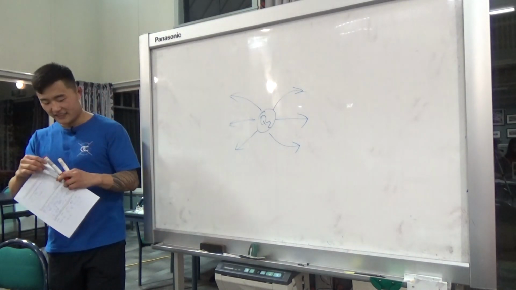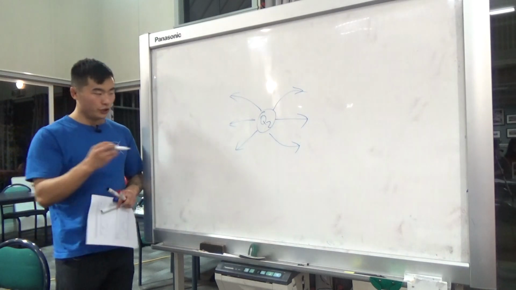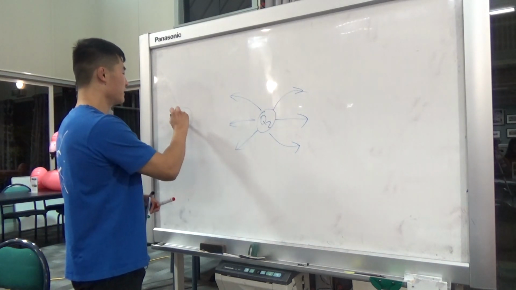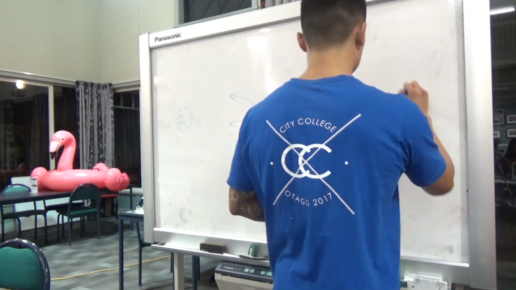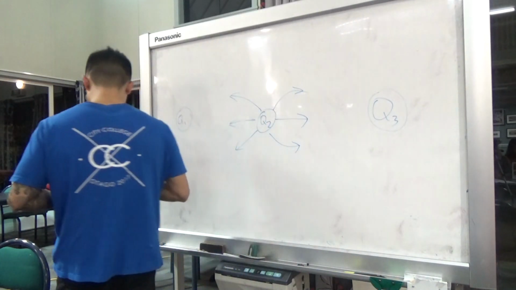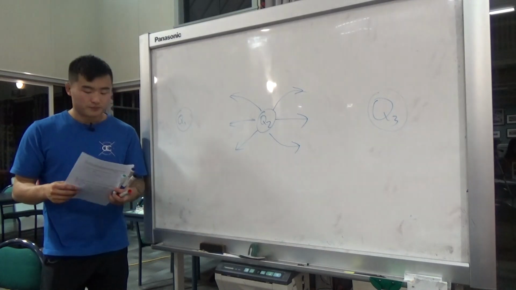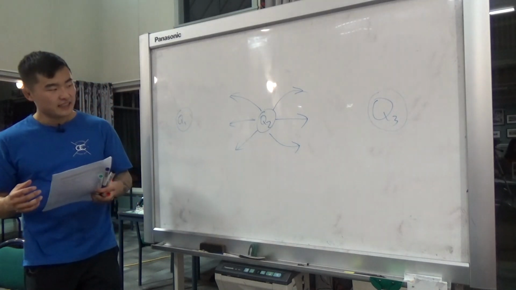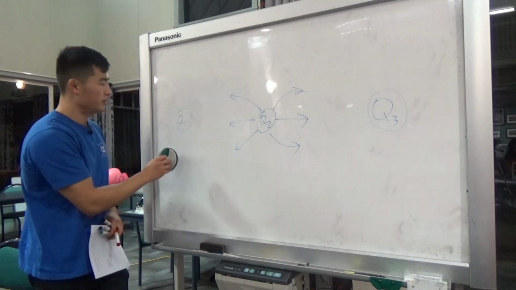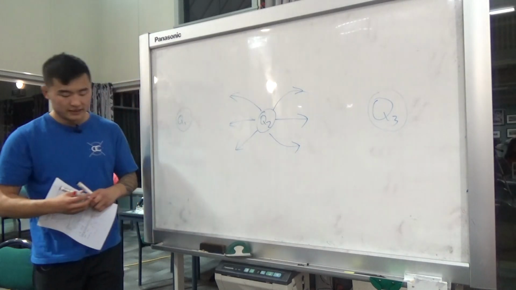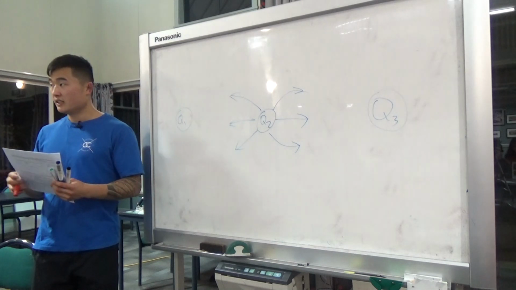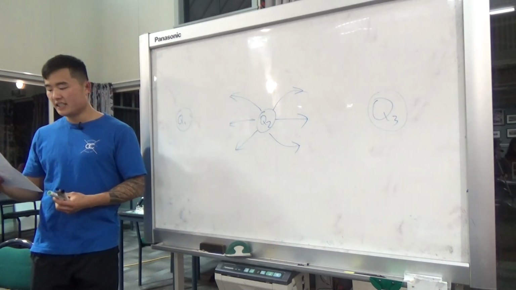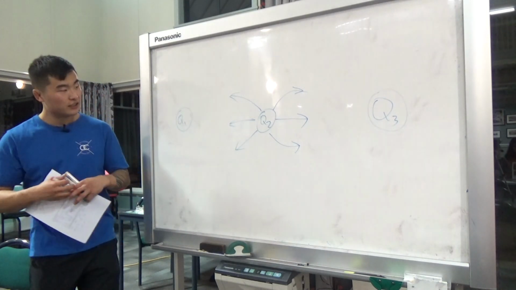Yep, positive. And then Q1 and Q3, they're both going to be negative. Okay. Now, the number of lines. If you have two charges, and one's got more lines coming out of it, then that's going to have a bigger charge. So it means it has a bigger electric field.